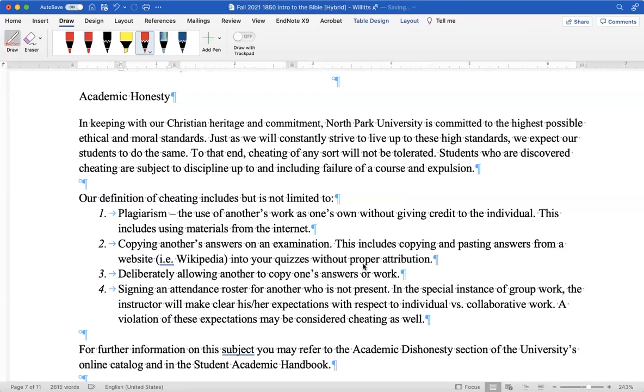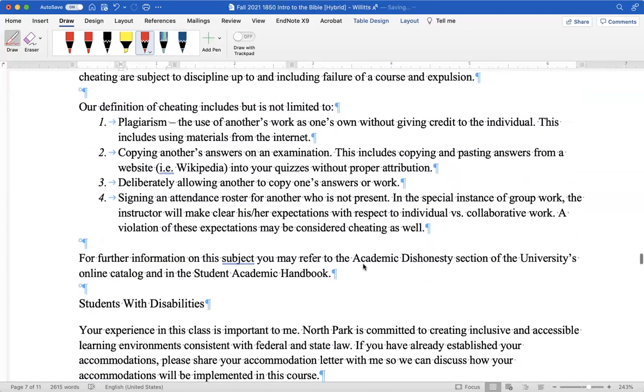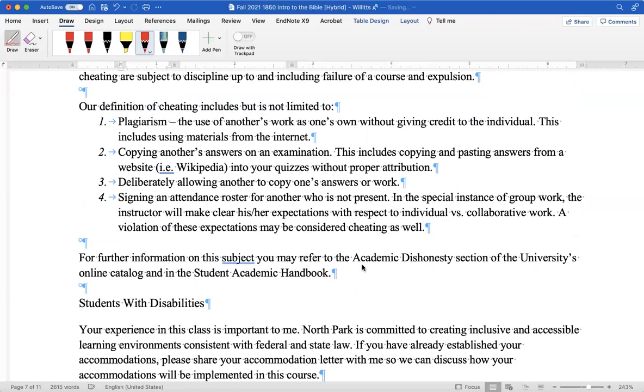And I am very specific on how I want you to do that. There is real danger if you plagiarize. At the very least, the assignment will be a 0. At worst, you could be expelled from school. So it's no joke, no joke.